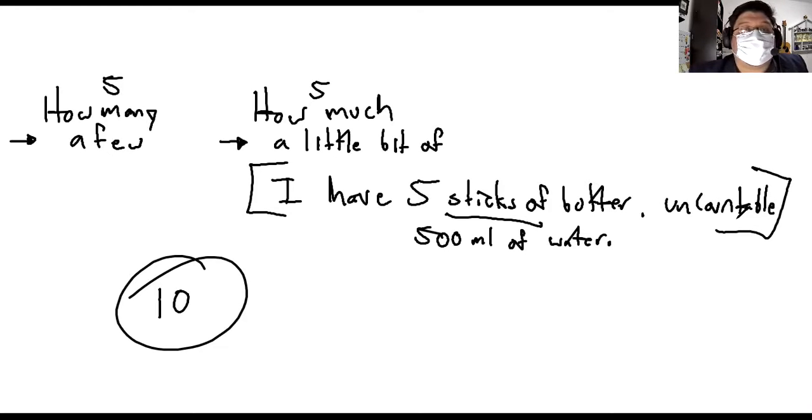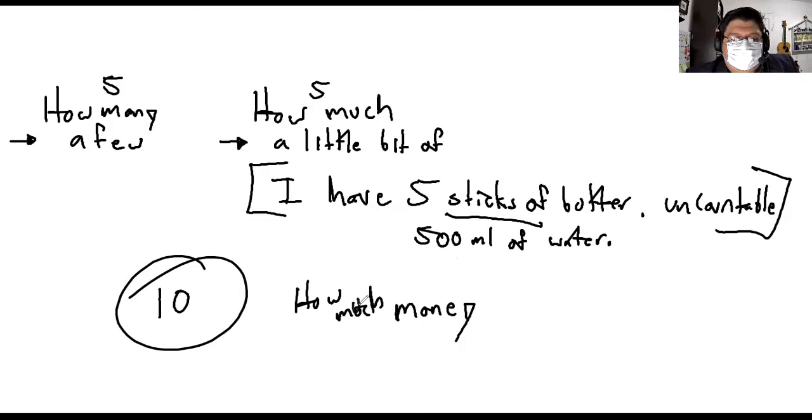As a last little example, the word money. What do you guys think? Are we going to use how much or how many? If you said how much, you are correct. Why? You're probably saying, teacher, we can count money.